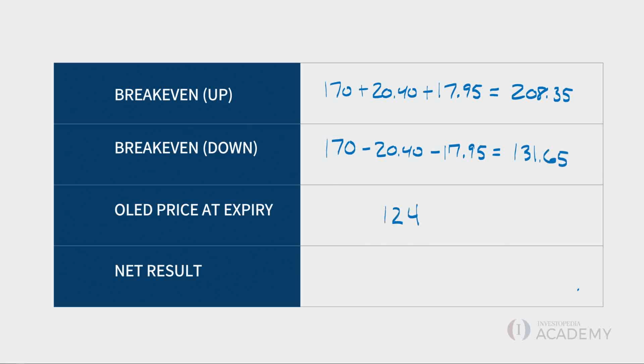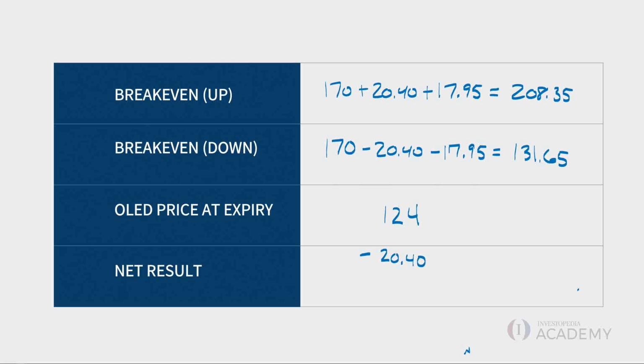So let's calculate the net result. So the call, as you know, is going to expire worthless because if you are long a 170 call and it expires below 170, you're going to lose all of that premium. So what did we lose on the call? You're going to lose $20.40. Now, your put is going to be worth something.